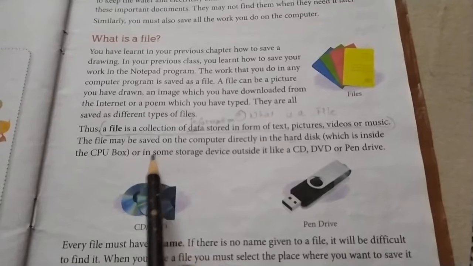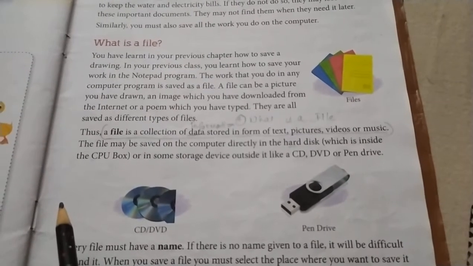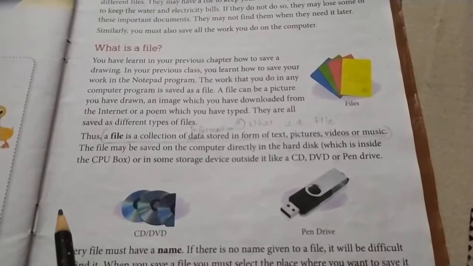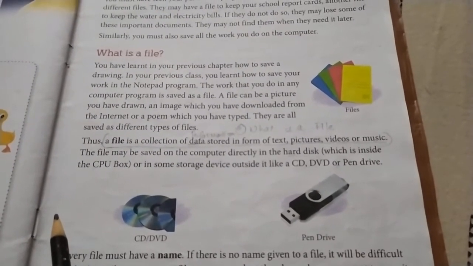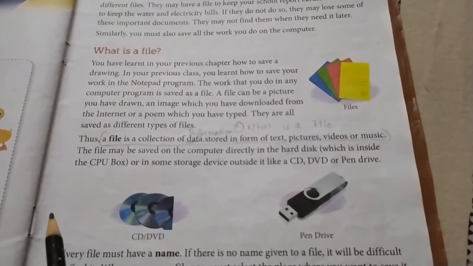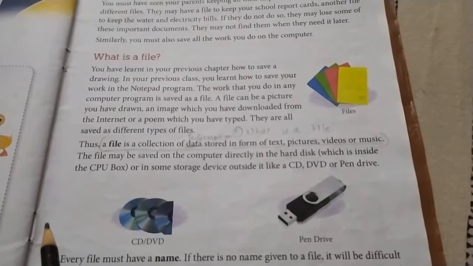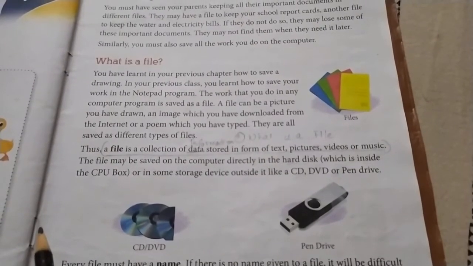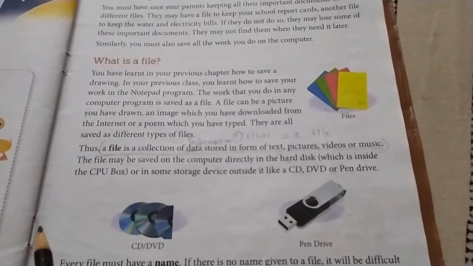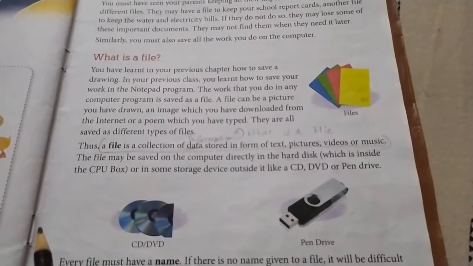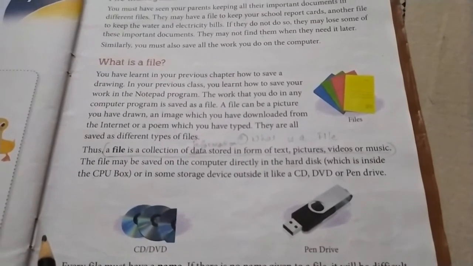Now, what is a file? Whenever we are working on the computer and we need to save anything, like in the last chapter we learned how to save a Paint file whenever we are drawing anything in Paint, we save that file. Whenever we are working with any program in the computer, at the end of the work we need to save our work.